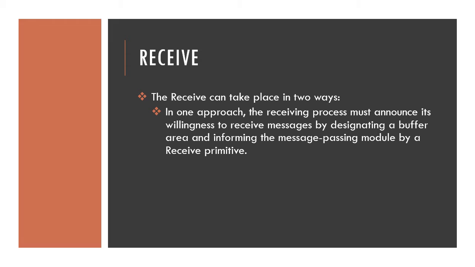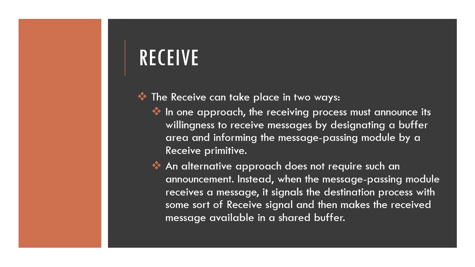Now let us look at the receive primitive. The receive can take place in two ways. In one approach, the receiving process must announce its willingness to receive messages by designating a buffer area and informing the message passing module by a receive primitive.